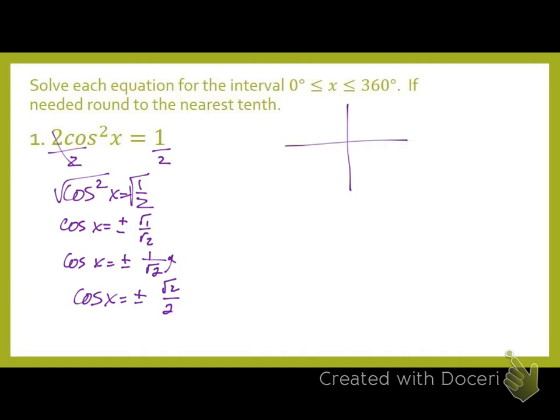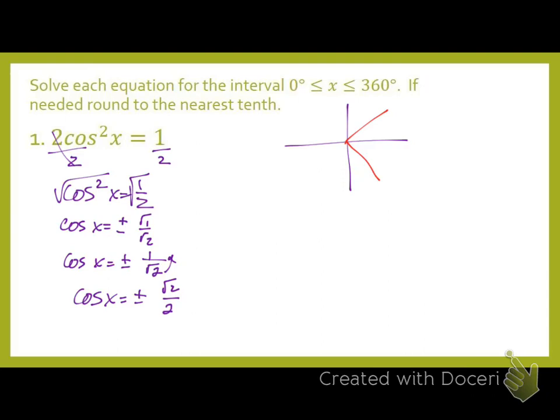Now, next thing, we need to do our quadrant analysis like we did last time. Right, so the first question is what quadrants is cosine positive, right? And cosine is positive in quadrant 1 and quadrant 4. Now, where is cosine negative? Because remember, cosine can also be negative radical 2 over 2, which is different than last time.